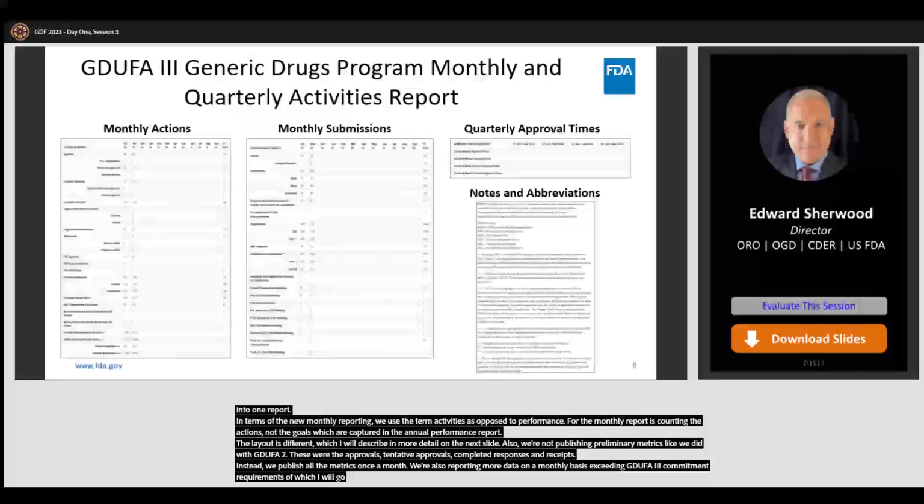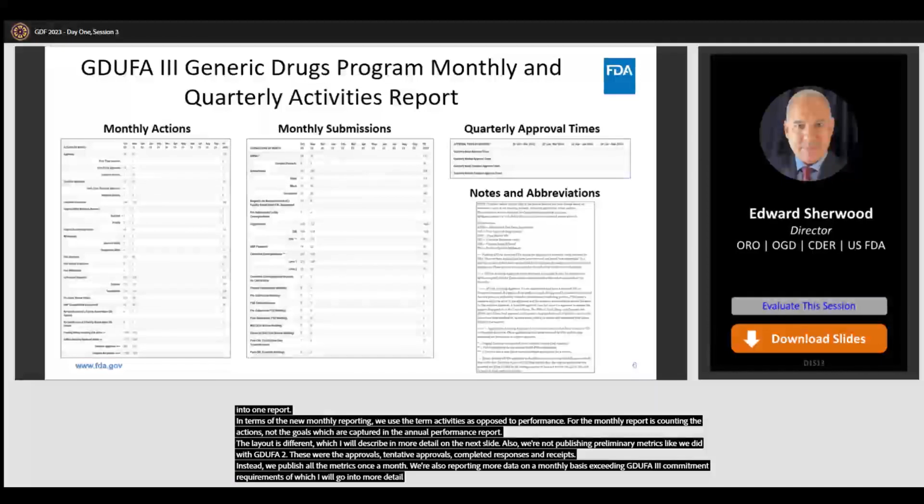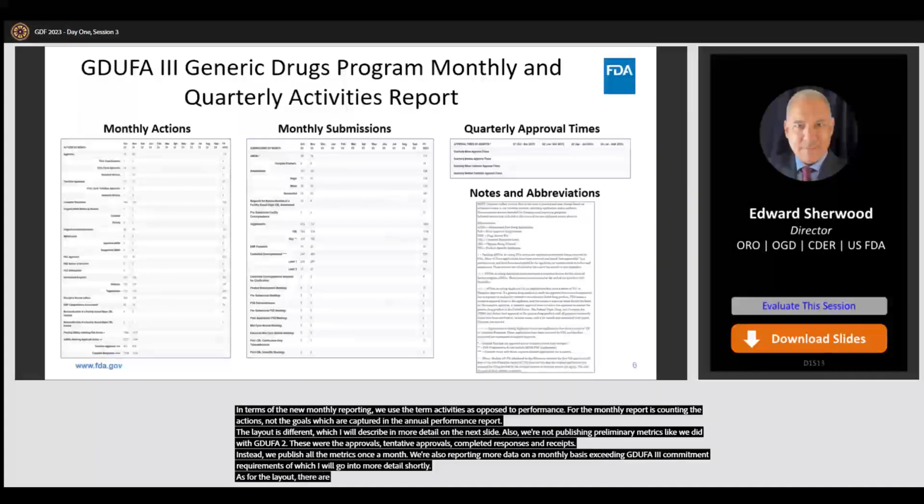As for the layout, there are four main sections. The monthly actions, the monthly submissions, also referred to as receipts, the quarterly approval and tentative approval times, and notes and abbreviations.